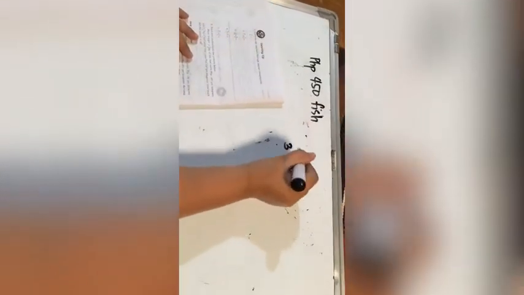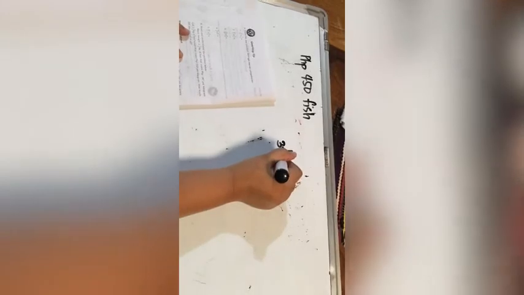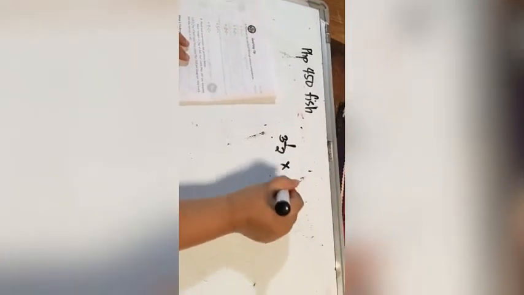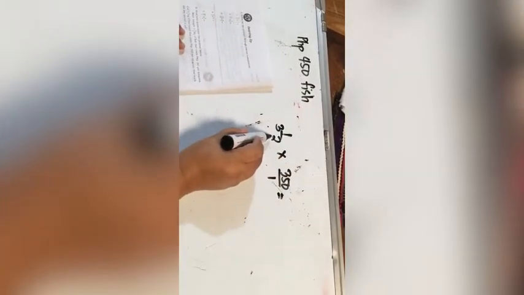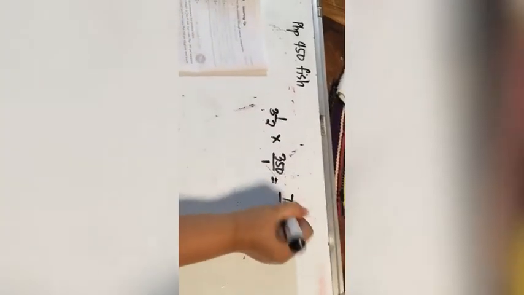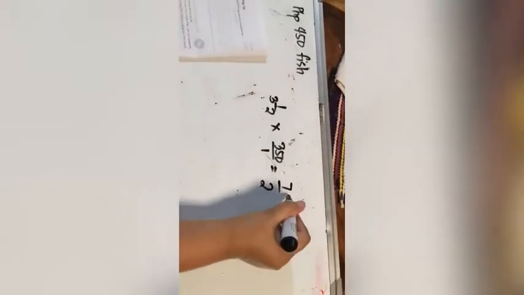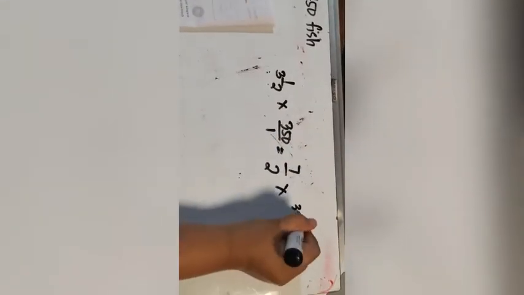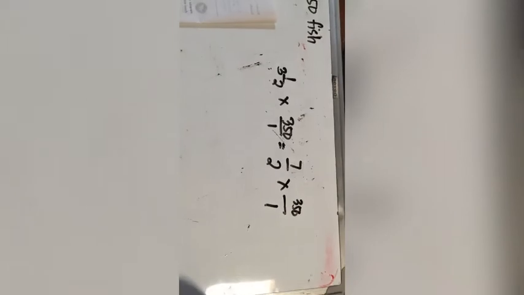Now, 3.5 times 350 per kilo. Okay? So, here, change this into improper. 2 times 3 is 6 plus 1 is 7. Copy denominator 2, so 7 halves times 350. Then, proceed to cancellation.